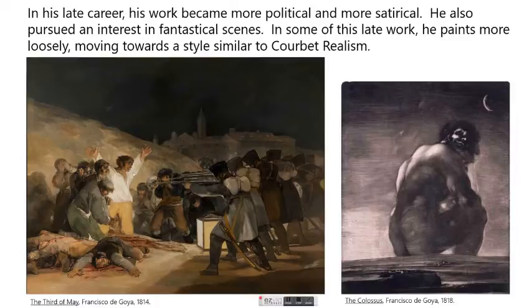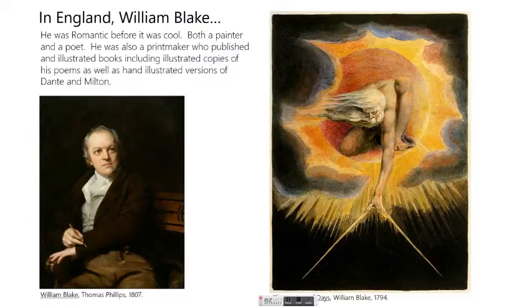But also another thing that we see in Goya and some of Romantic painting is when it becomes topical, when it's interested in current events, it seems to be often in the areas where there's really tragic and catastrophic events.